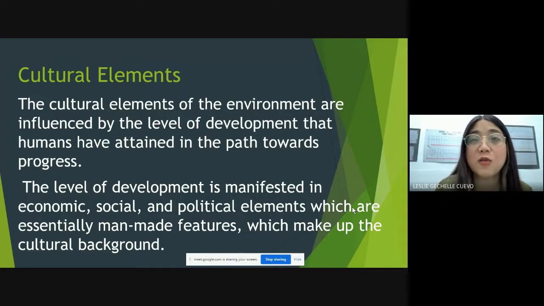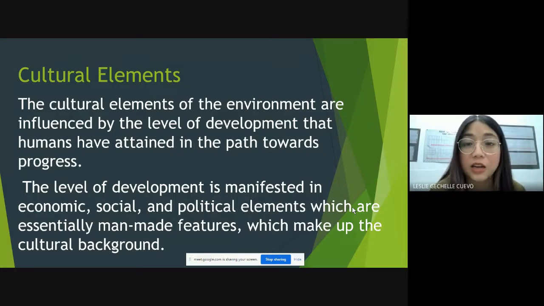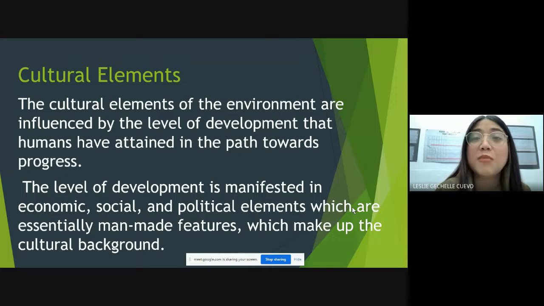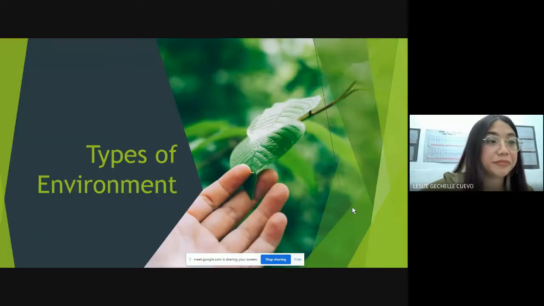So, kung papaano ang actions ng isang tao o ng isang grupo ng tao, yun ang kanilang magiging culture. Yun na nga, sa economic, social, and political factors or environment, nagko-contribute yan sa cultural elements.